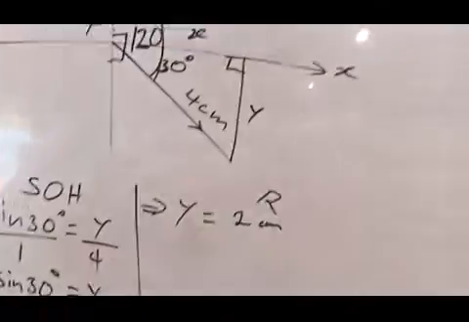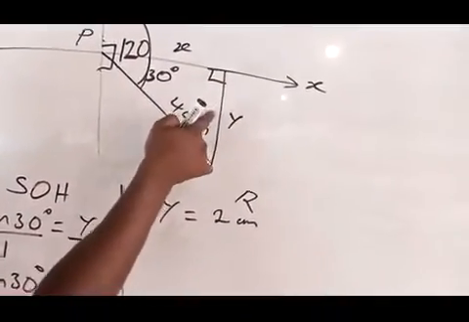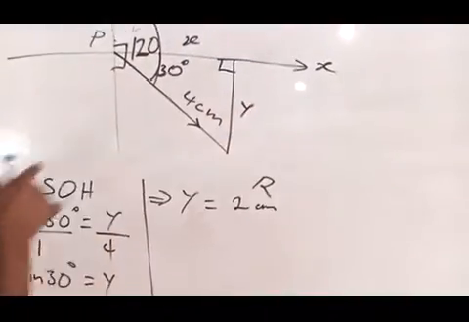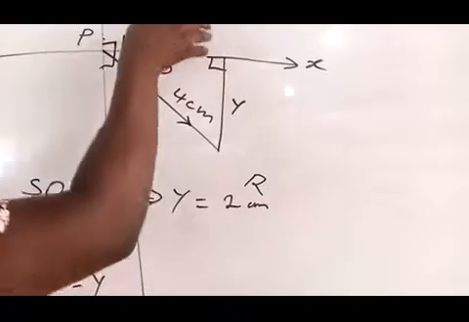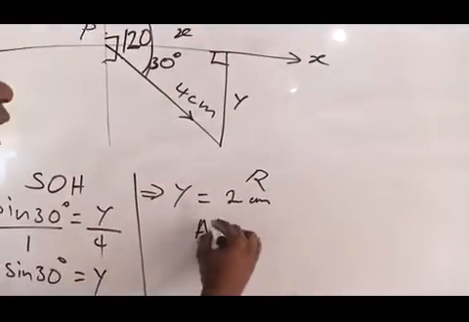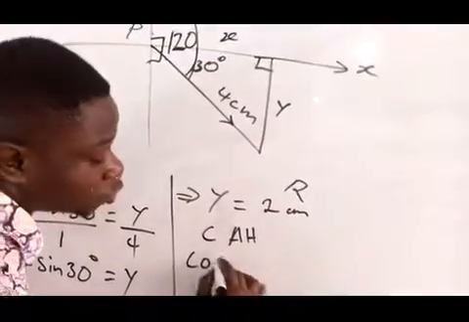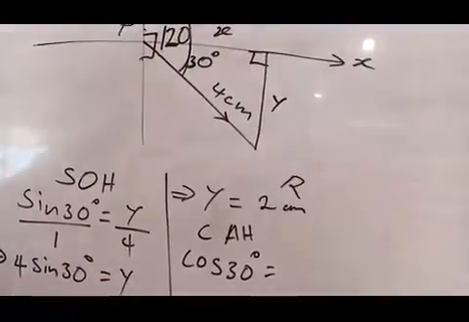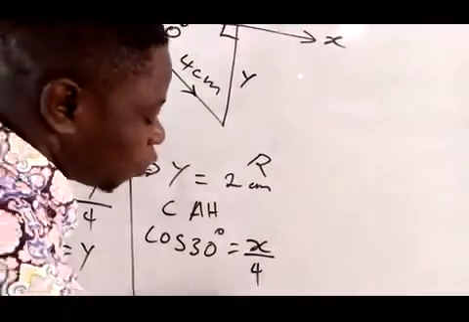Now let's look at how to get the x. Once again, we have the opposite and the hypotenuse. Sorry, we have already found y, so we don't need opposite anymore. We have adjacent and hypotenuse, so we are going to use cos. So this becomes cos 30 degrees equals adjacent, which is x, over hypotenuse, which is 4.